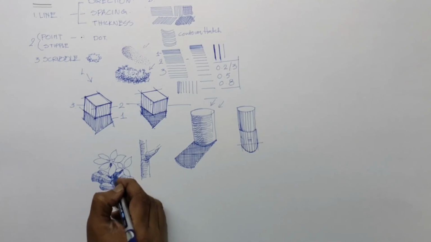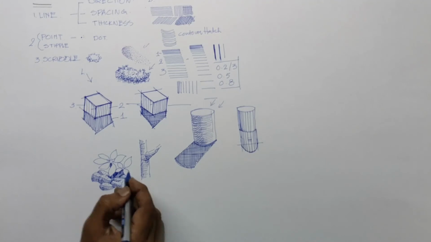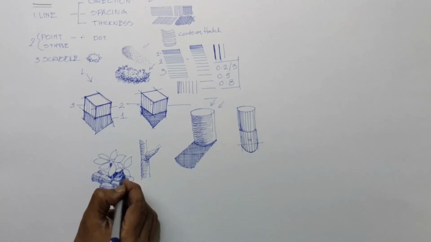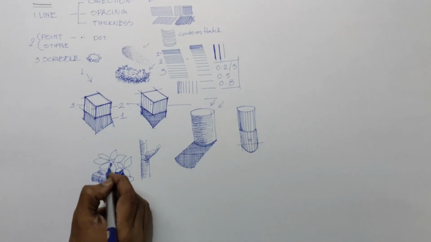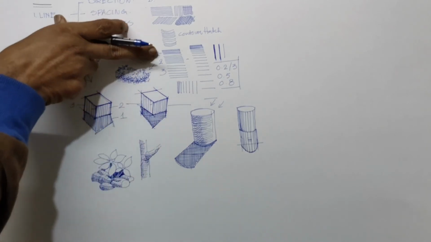And I'm doing a cross hatch. See, thin, very close lines, and now I'm going for the cross hatch, but I'm leaving some white there because there is a stem. Here also I'll use the same technique, very close hatch.